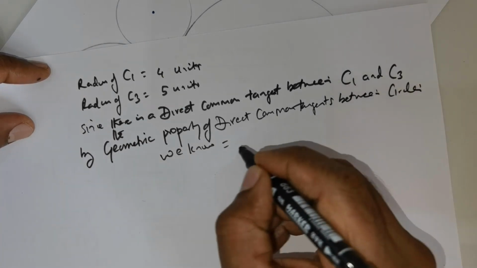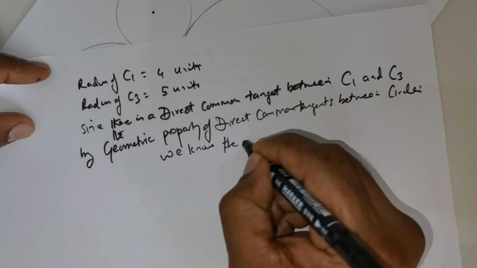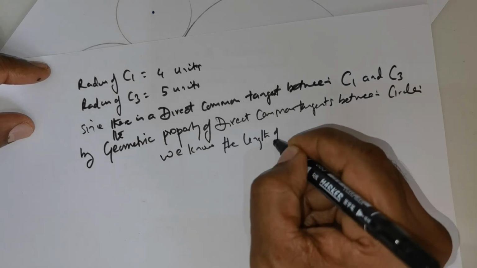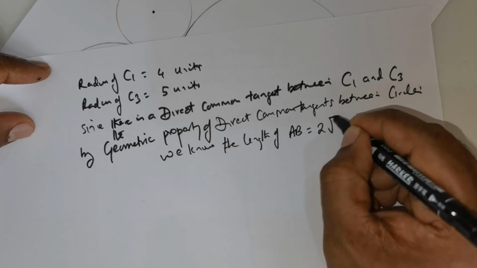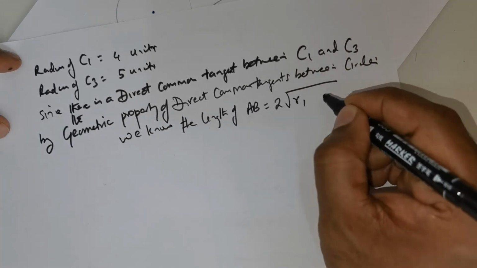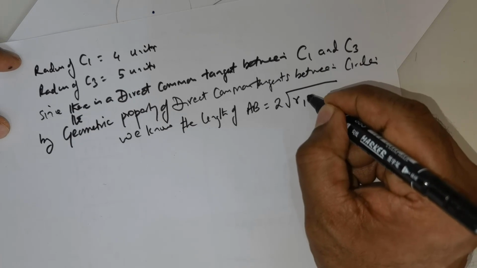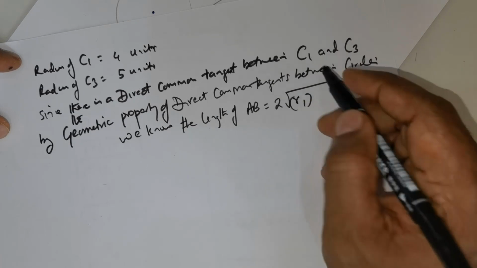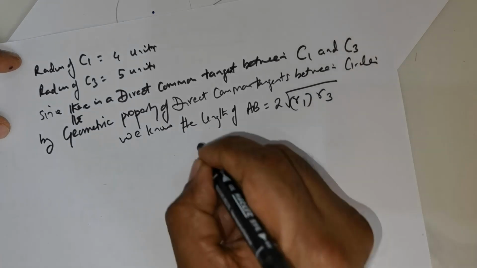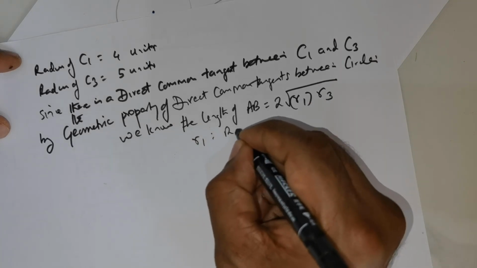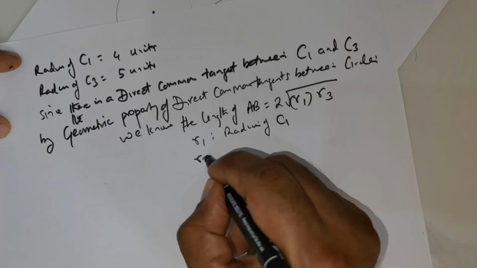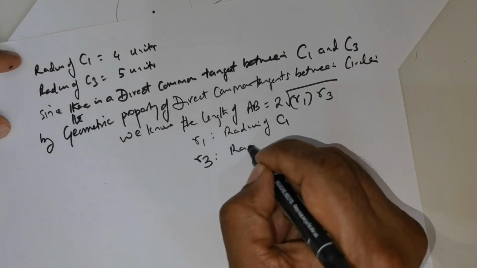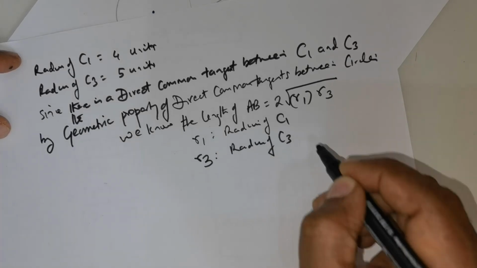We know that the length of the tangent AB is equal to 2 times root of R1, which is the radius of the circle C1, and R3. So I'll mention it here. R1 is the radius of C1 and R3 is the radius of C3.